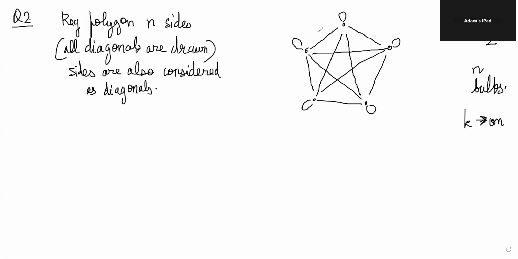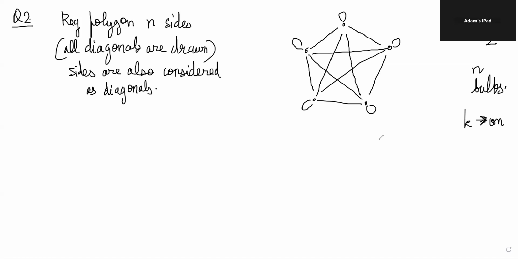And when you erase this diagonal, you have to change the state of one of them. Changing the state means if it was on, it will go off. If it was off, it will become on. And you have to do that for one of the 2. So this is the game.